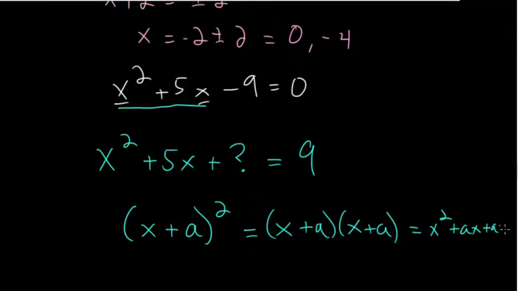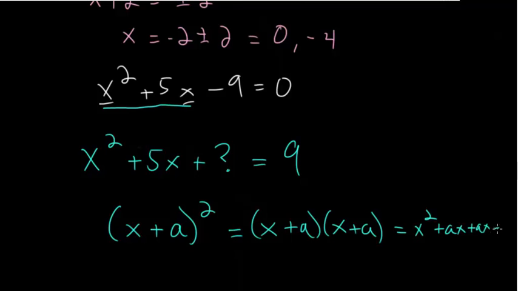So plus ax plus a squared. And if you simplify this, you get x squared plus 2ax plus a squared. Now if we compare this side to our quadratic, notice that the coefficient on x is 2a. So in this case, the 5 is 2a.